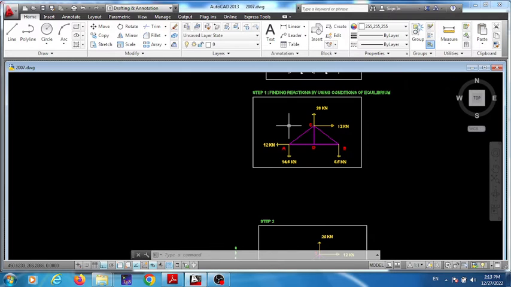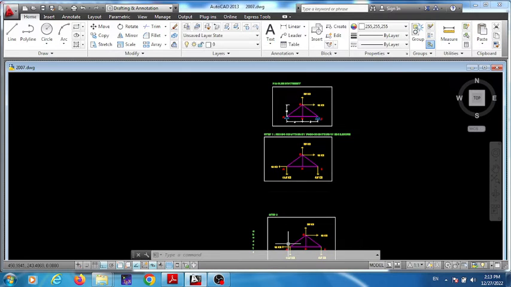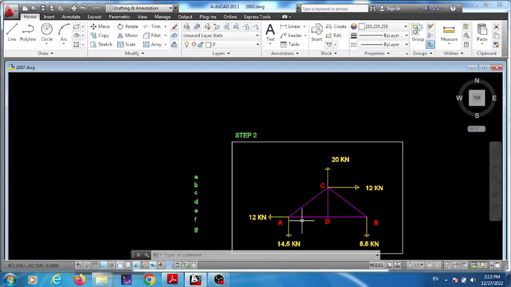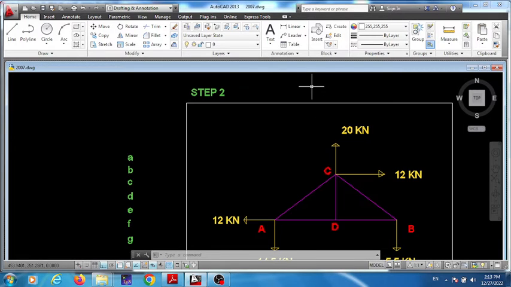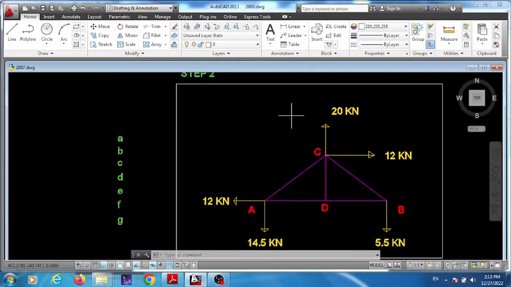Now from step 2, our actual process for the graphical method gets started. Okay, so once you have this figure with you, in which you need the loads and the reactions, now what you have to do is mark the space between the external loads and reactions.